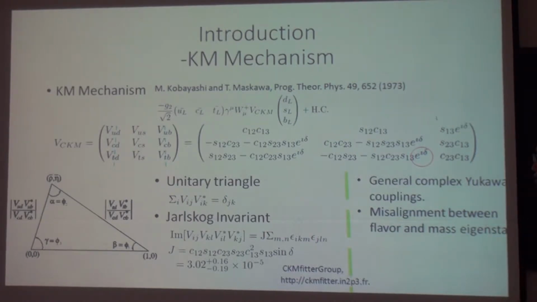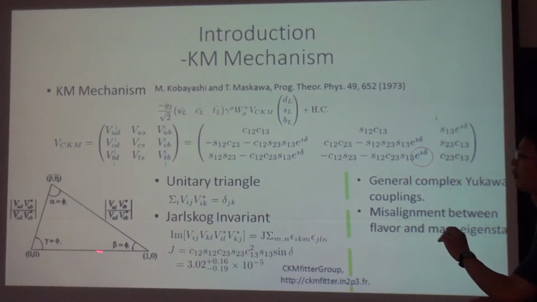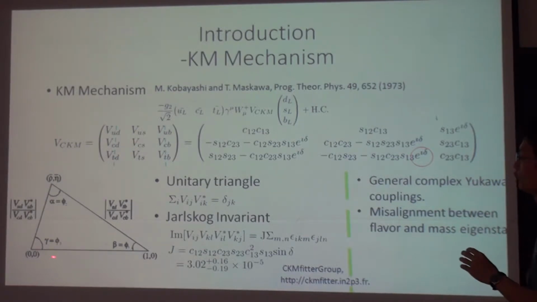And we can also write down such a triangle to illustrate. For example, we can just draw it on the complex coordinate, which is a triangle. And the Jarlskog invariant actually presents the area of this triangle.